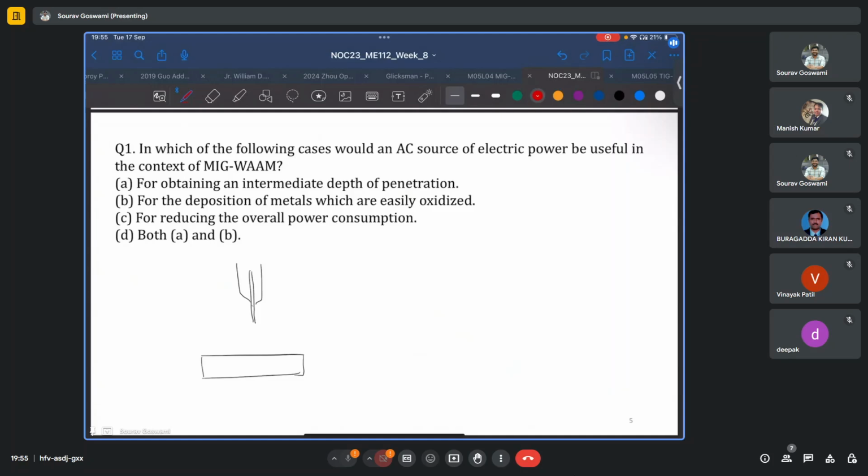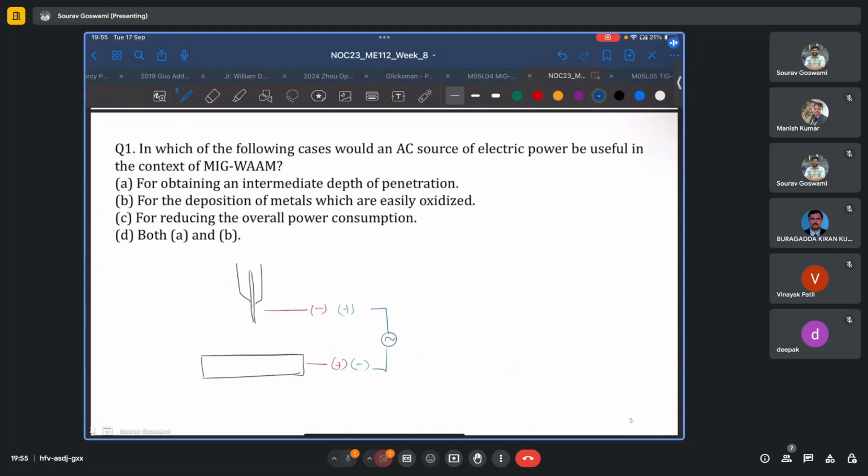Either we have this positive, this negative, or we have the job negative and the electrode positive, or we connect them via an AC connection.